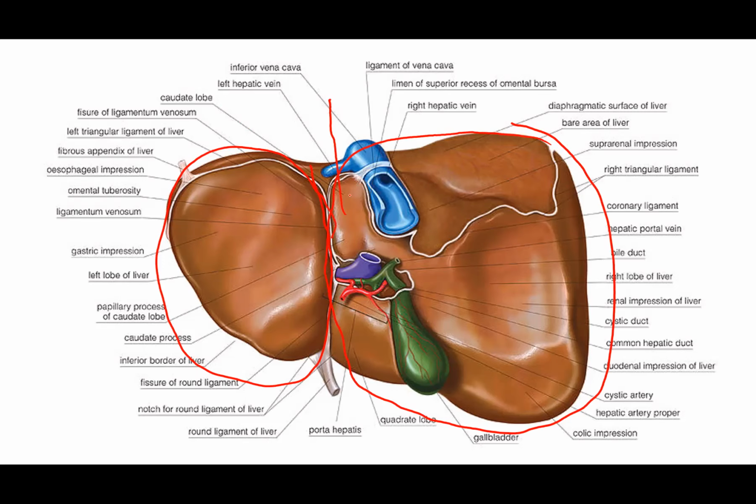This is the caudate lobe of the liver. And also in the lower segment, you have the quadrate lobe. These are anatomically parts of the right lobe, but subsequently, you will see how they take a different dimension when talking about the functional anatomy of the liver.